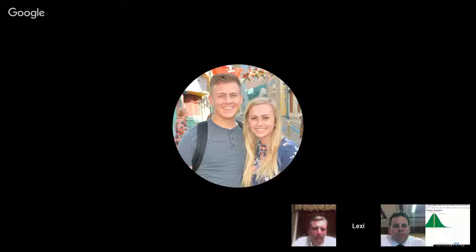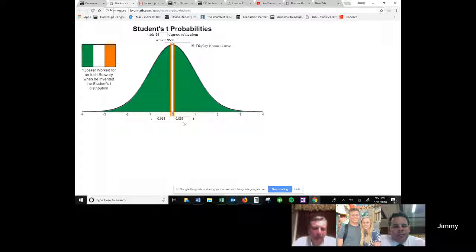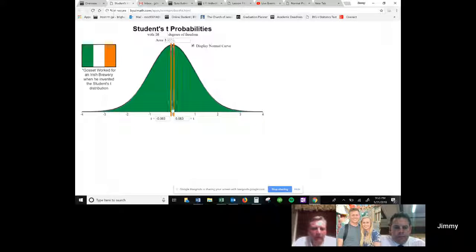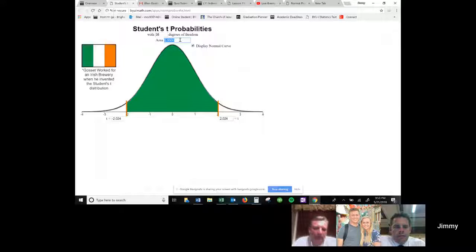So would this be the T asterisk score, this 0.063? Wouldn't the highlighted be in the center rather than the edges? I don't know. That's what I'm asking. I think that's the confidence interval right there. I think it's inside, isn't it?